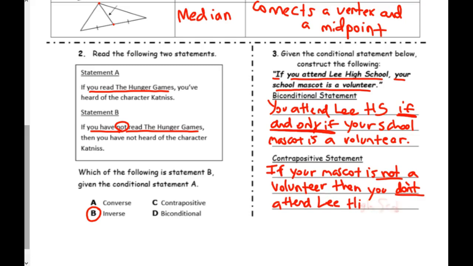Oops. So does everyone see how that works? The order has been switched, and both have been made opposite. That's what a contrapositive is.